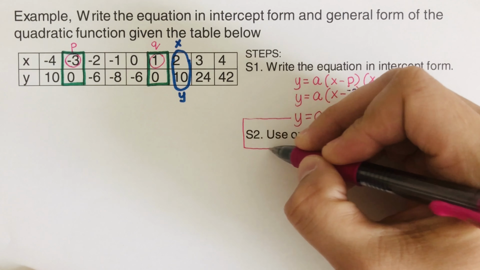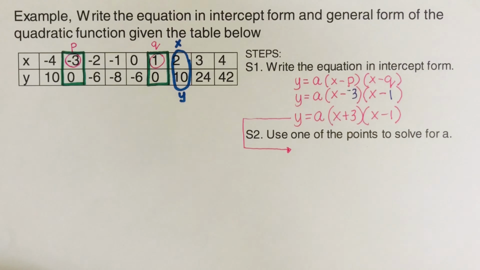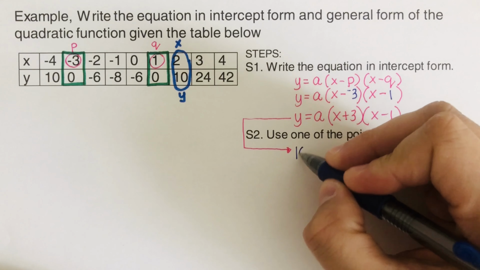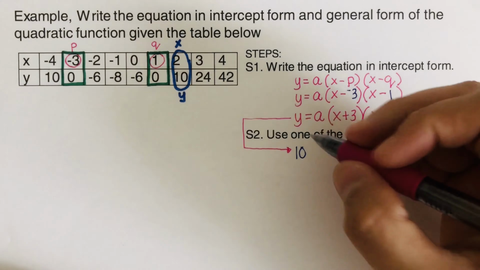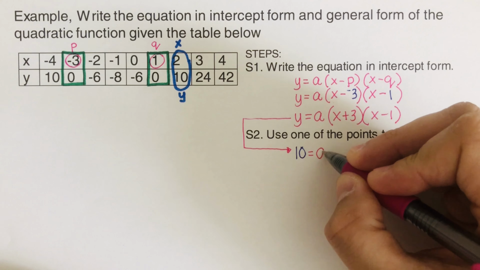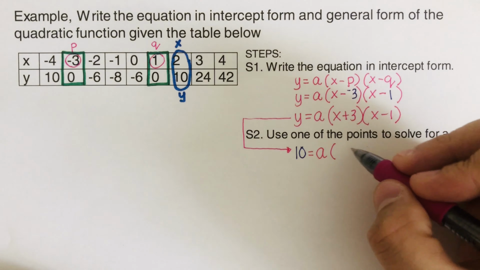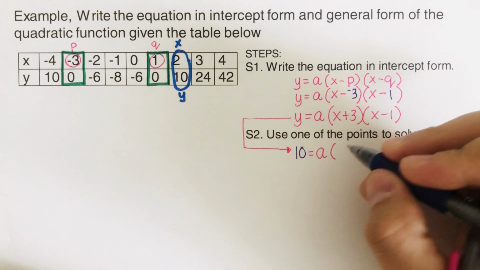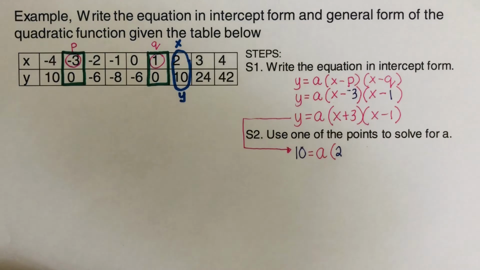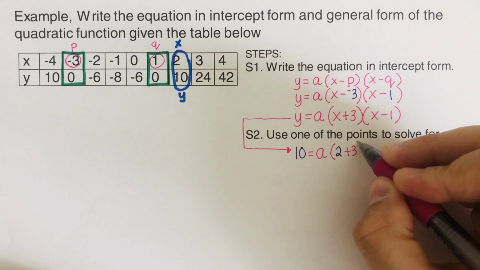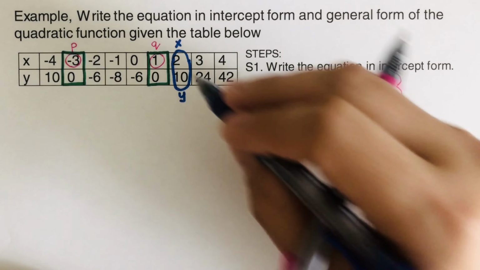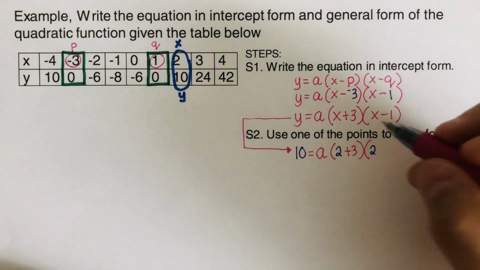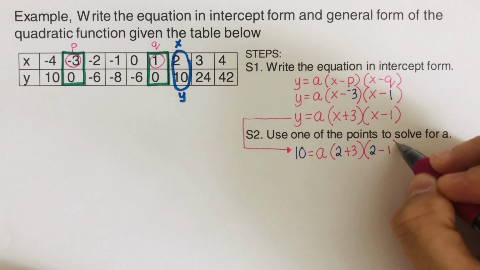So 10 equals a, which is missing, times (2 plus 3), with the x being 2, times (2 minus 1).